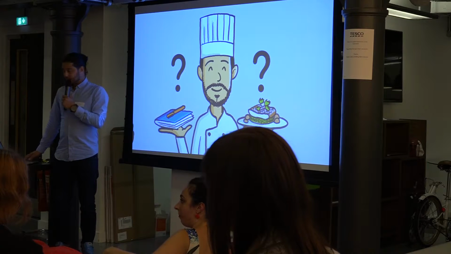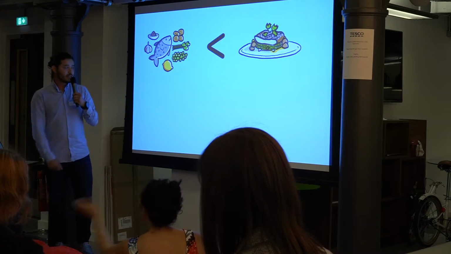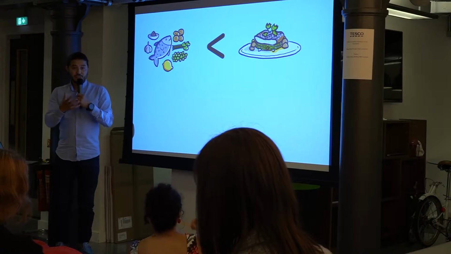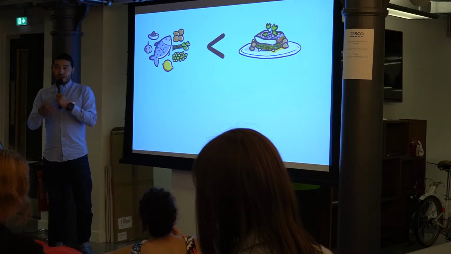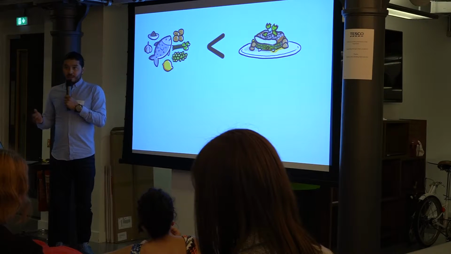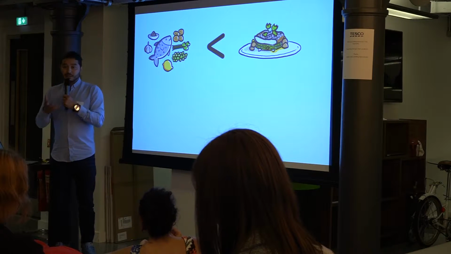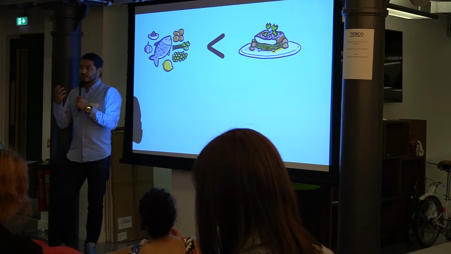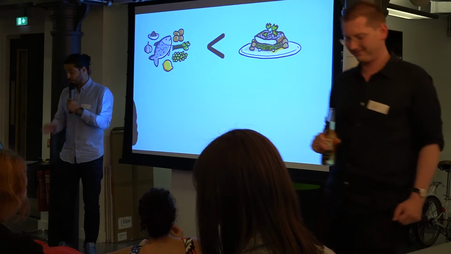So I'm going to explain why. When you cook a special meal, you have a set of ingredients, and when you put them together, the end result is always more than the parts, because you discover new flavors, and even presentation-wise, the way the dish looks is much better than the parts alone.